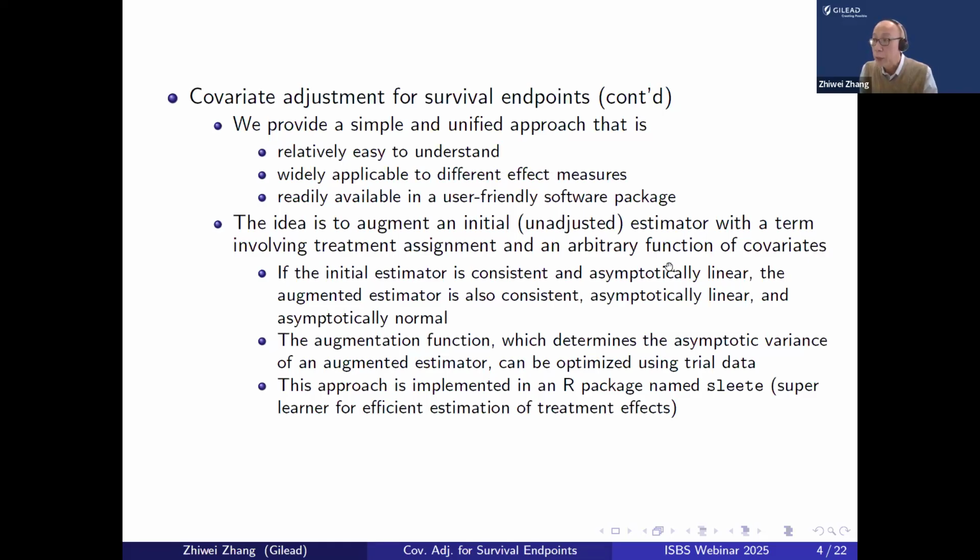If the initial estimator is consistent and asymptotically linear, it's easy to see that the augmented estimator is also consistent and asymptotically linear, and therefore asymptotically normal. The asymptotic variance of an augmented estimator will depend on the augmentation function, which can be optimized using trial data. This approach is implemented in an R package named SLEET, which stands for Superlearner for Efficient Estimation of Treatment Effects.